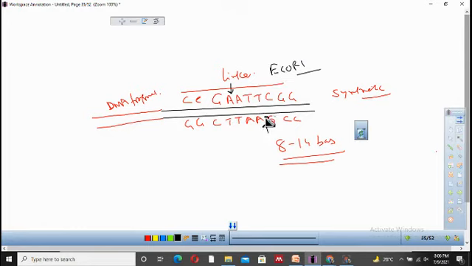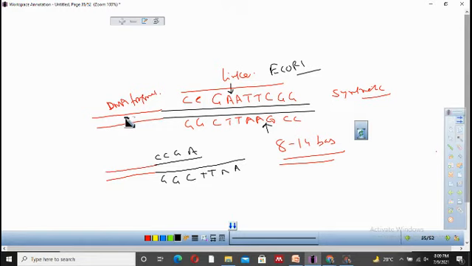So when it is treated with EcoRI, what happens? Of course this is the blunt end DNA, but here it will be like this, having the sequence C C G A, C C G A, because here is the cut, and here the sequence is A A T T, then C G G.